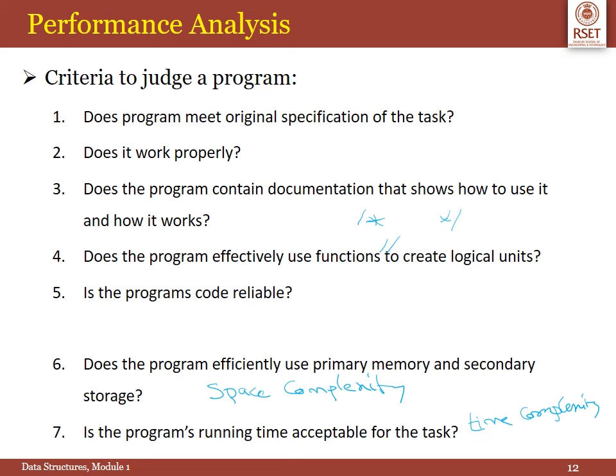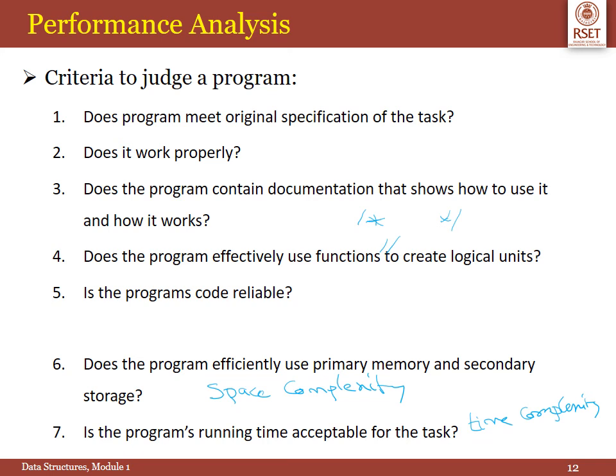Fifth point is, whether the program code is reliable or not. Along with these 5 main important criteria, there are 2 more criteria that define the performance of that particular program.